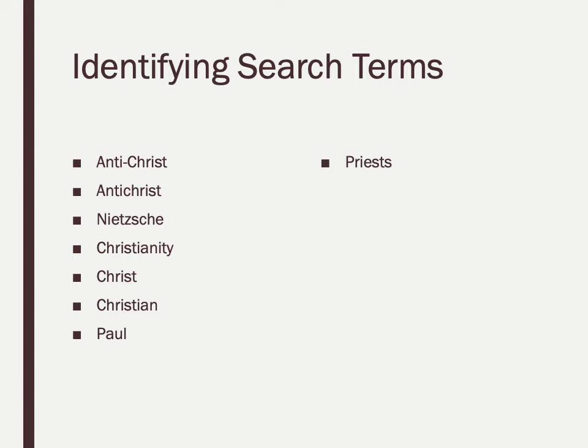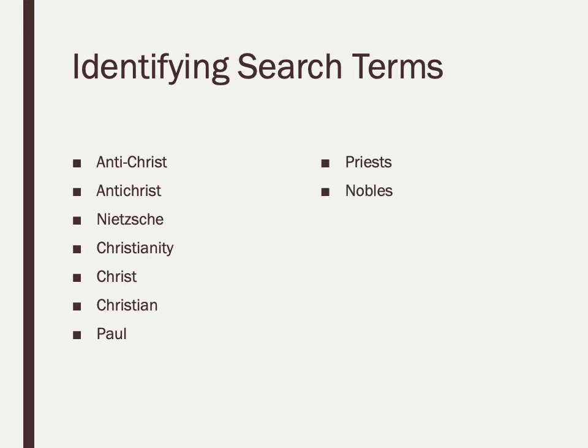So you might want to look at Nietzsche, Antichrist and priests, or Nietzsche, Christianity and priests, to try and make sure that you're not just looking for general papers that mention Nietzsche and priests, but ones that are actually going to be relevant to that particular part of the Antichrist that you want to look at.